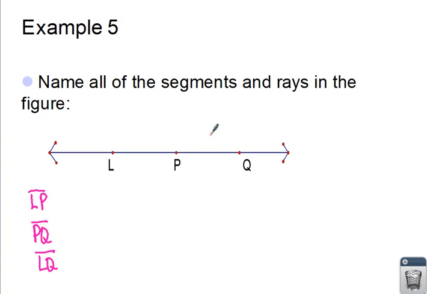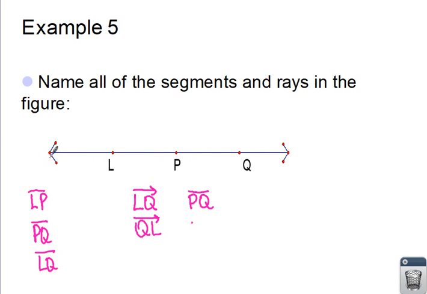Okay, but the rays are different. So let's say we have ray LQ. Starts at L and goes through Q. We could have ray QL. Starts at Q, goes through L. We could have ray PQ. Starts at P, goes that way.